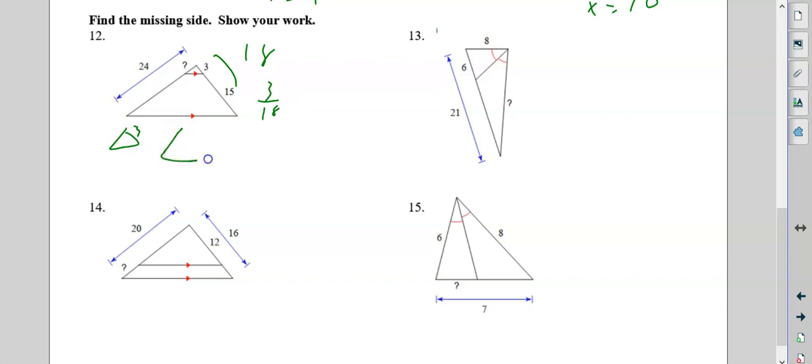Put 3 here, put 18 here, put 24 here, okay? And go from there. We're going to say 3 over 18 is equal to x over 24, because this is what we're trying to figure out. What is this right here? Cross multiply, we get 18x equal to 72, x equals 4.